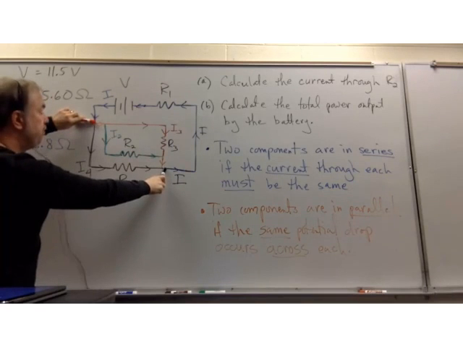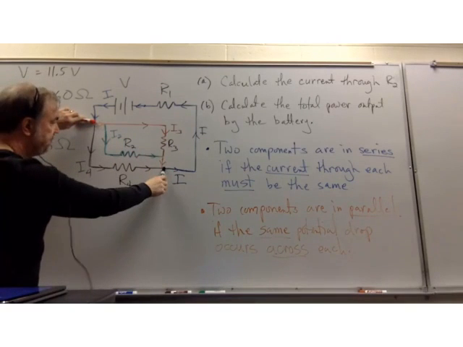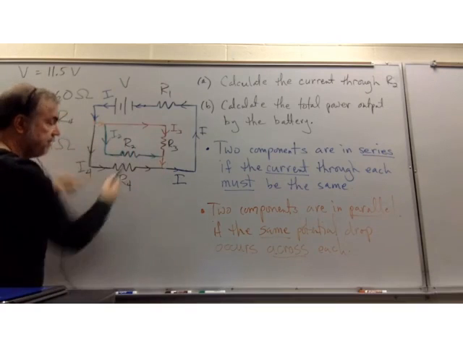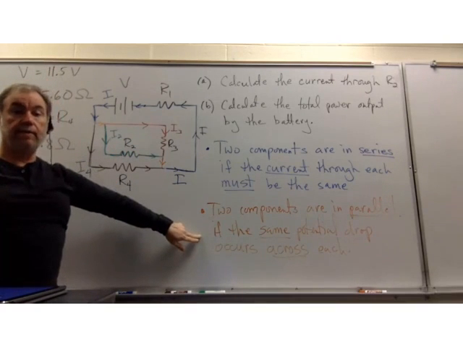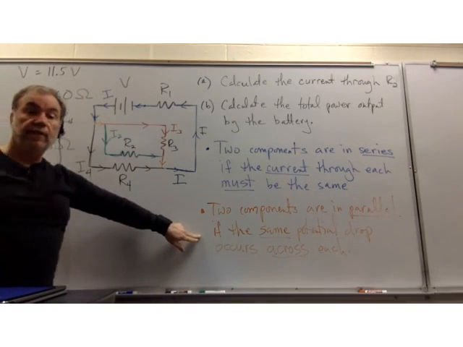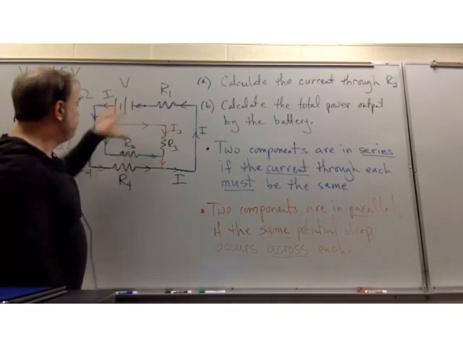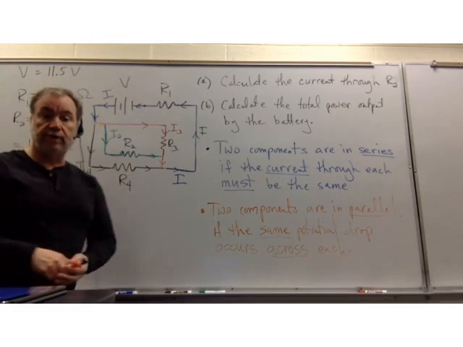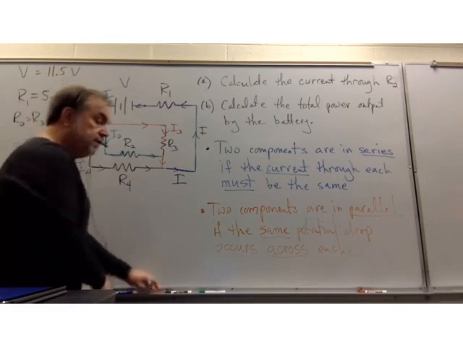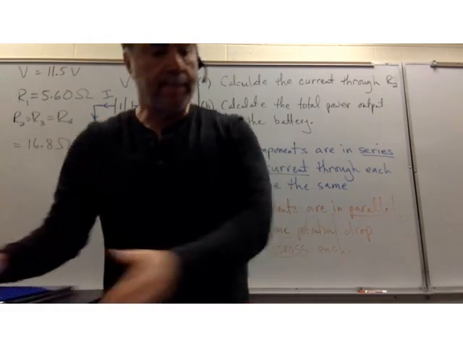Okay? So R2, R3, R4 have the same delta V, the same potential drop. Therefore, by this rule here, they are in fact in parallel. And that means in turn that I now know how to calculate the equivalent resistance of these three. So they're in parallel with each other, so we use that reciprocal relationship. So that's good. So let's do that.